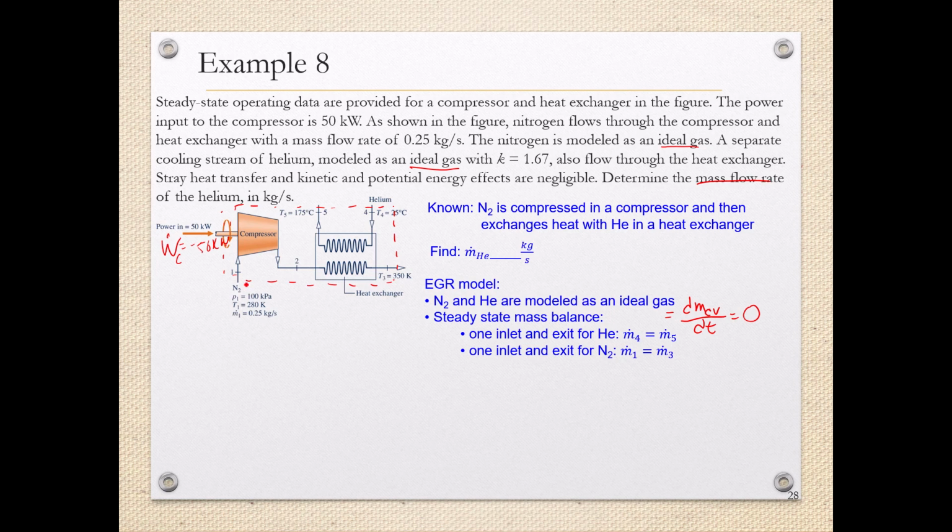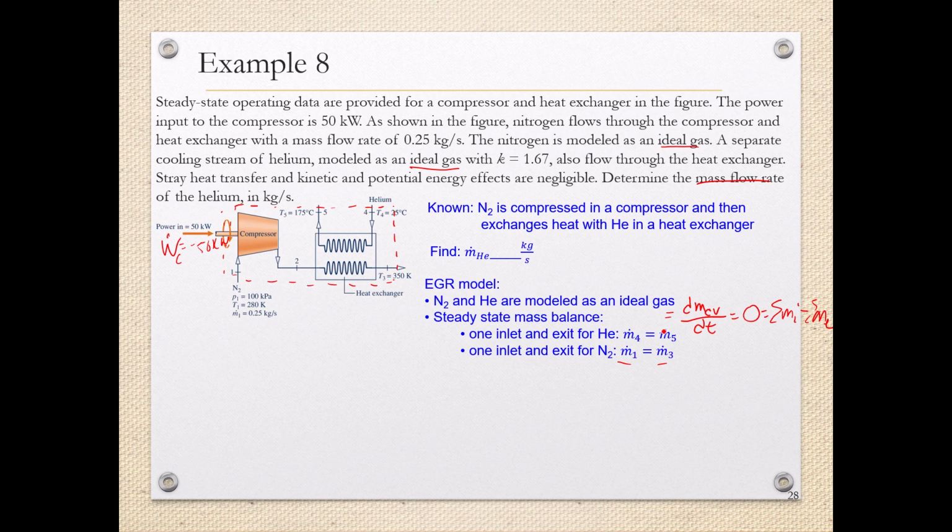We have mass 1, nitrogen, going in one inlet and out one exit. So that's true, right? Because this is the sum of masses in minus the sum of masses going out. And then our helium, mass of helium, is going in one inlet and out one exit. So that's true for our mass balance.